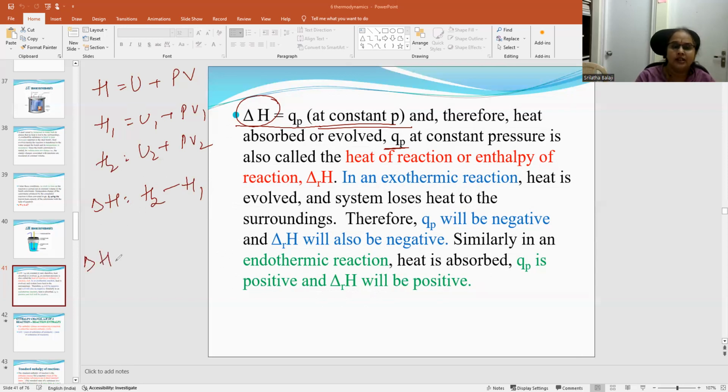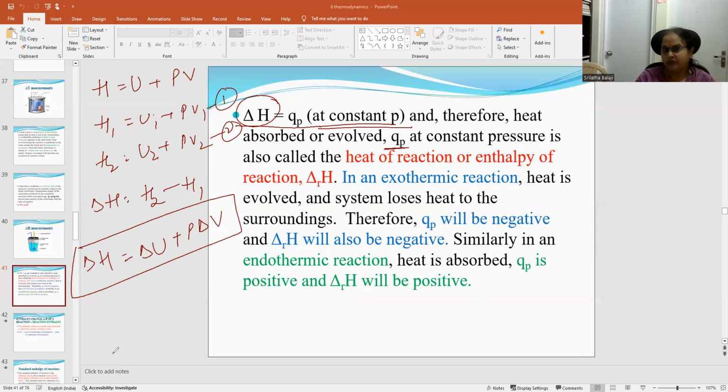If I call this equation 2 and this equation 1, do the 2 minus 1 operation. So delta H will be equal to U2 minus U1 plus P into V2 minus V1. What is U2 minus U1? It's delta U. And P into V2 minus V1 is P delta V. So this is how we get the equation delta H is equal to delta U plus P delta V.